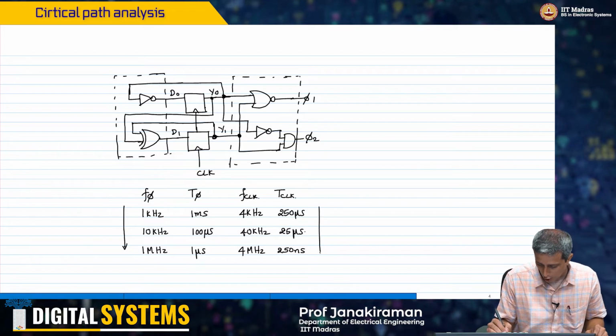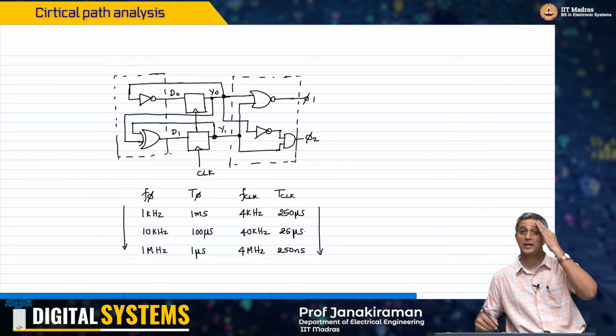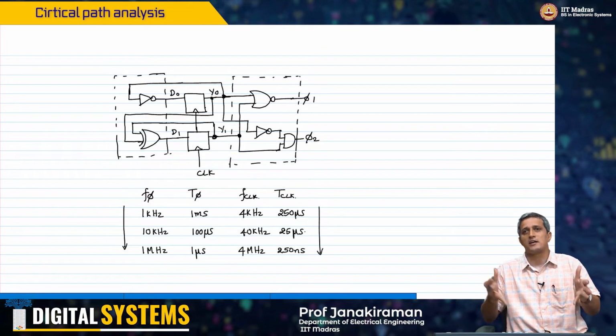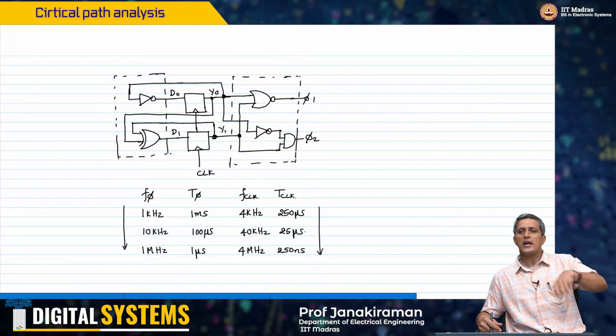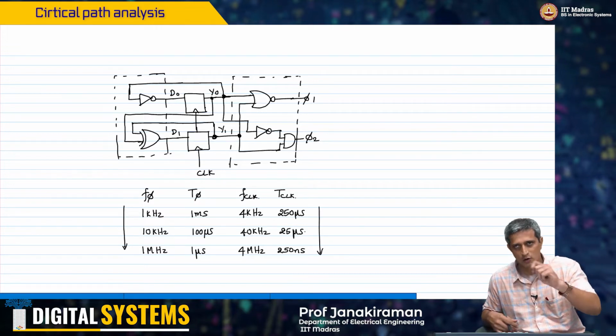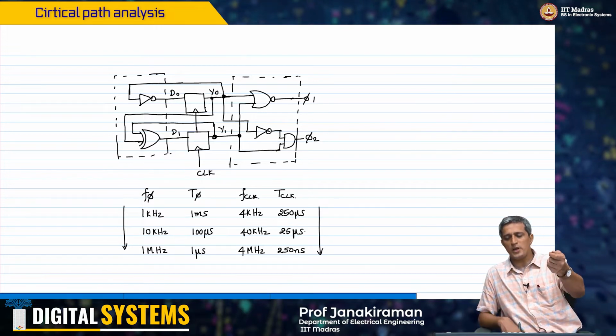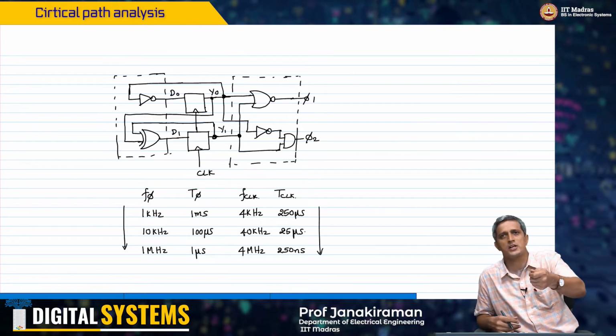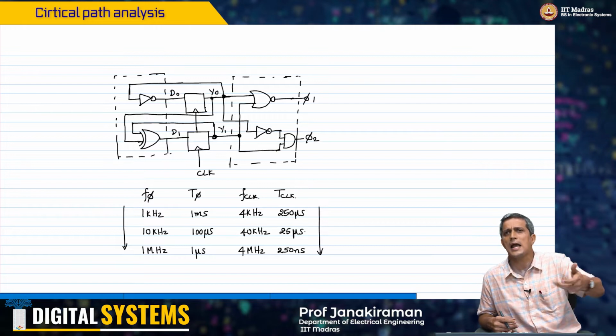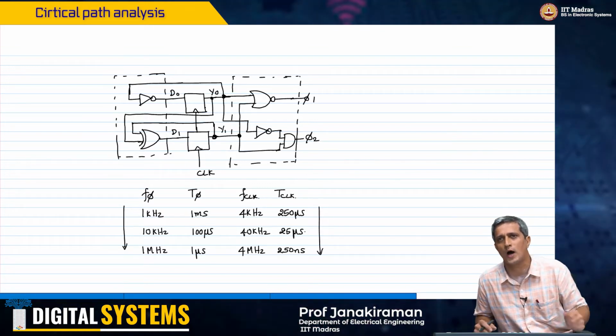So what we see here is, as I start increasing the frequency, the requirement on the T clock starts becoming tighter and tighter. The point I am trying to make is that if I asked you to do it at 1 kilohertz, then your answer would be yes, give me a T clock whose time period is 250 microseconds, or a 4 kilohertz clock, and I'll give you the phi 1 and phi 2 that you asked for.